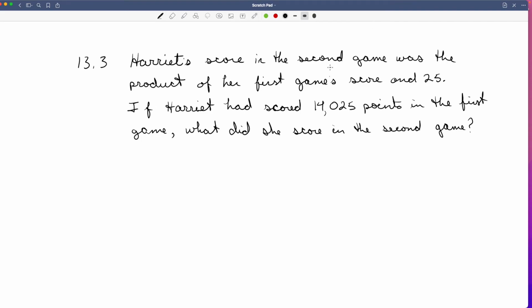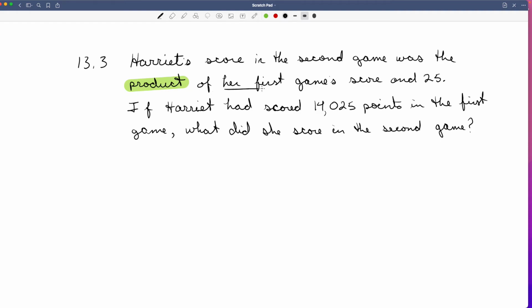Let me write it up here for us. All right, in example problem 13.3, we're going to talk about multiplication word problems. Harriet's score in the second game was the product of her first game score and 25. So, product of, that means what we're about to be told is going to be what we multiply to get the product.